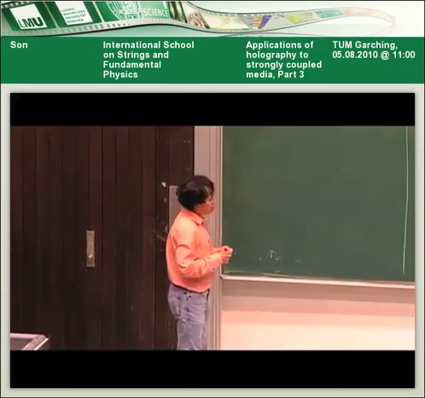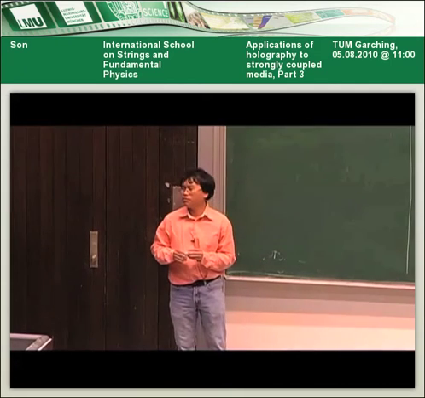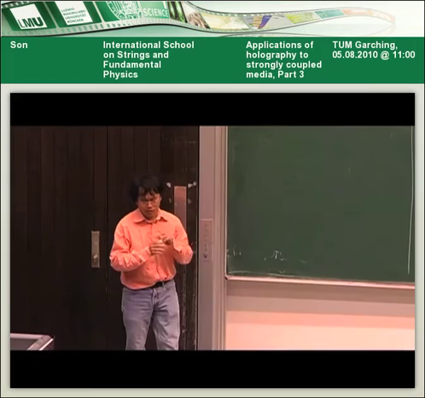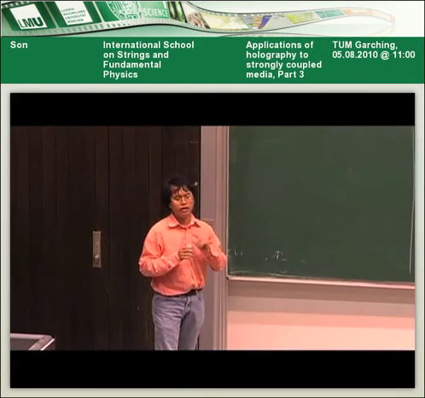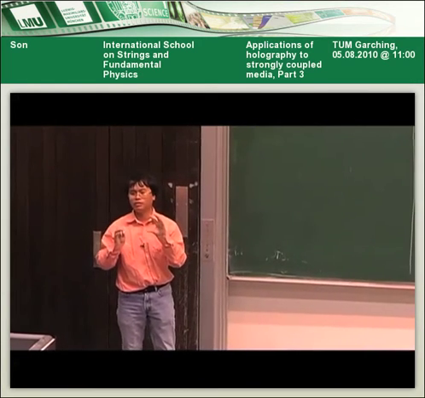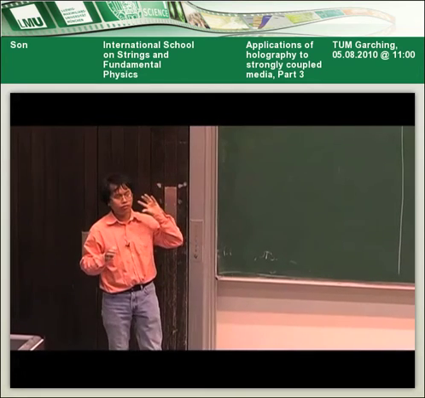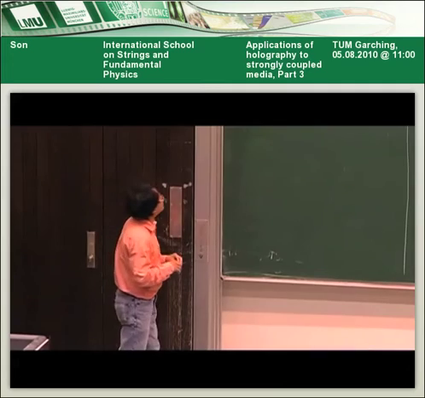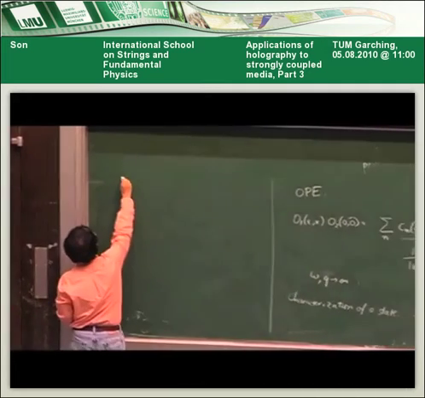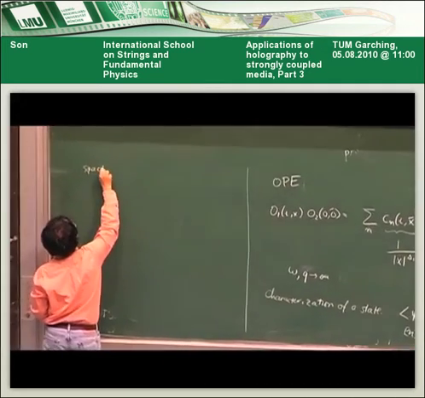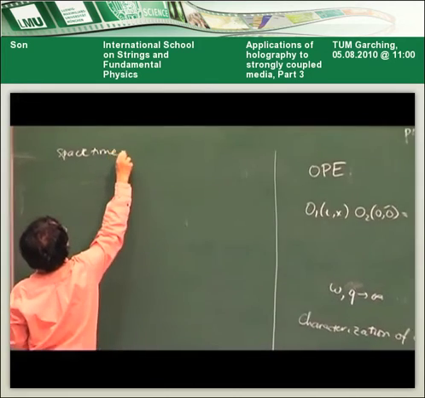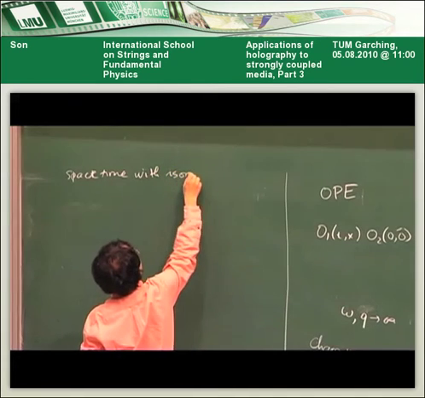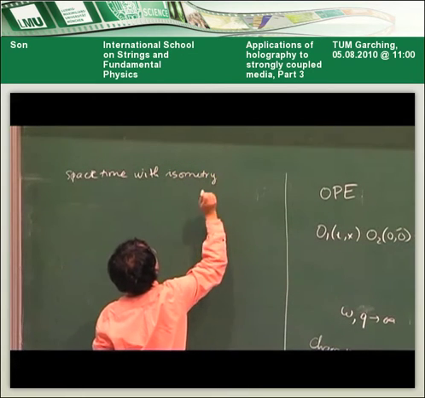One of the first pieces of evidence for the AdS/CFT correspondence is the matching of the symmetries between the symmetry of conformal field theory and the isometry of AdS space. So one can ask whether there is a space-time with the isometry of the Schrödinger group.